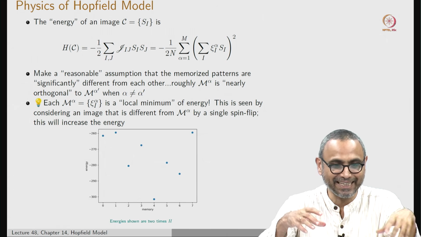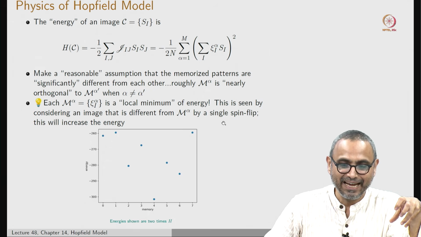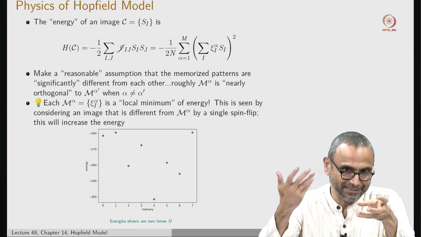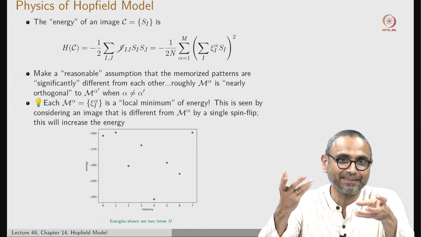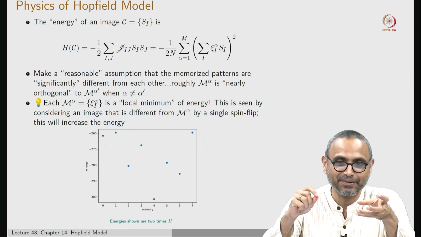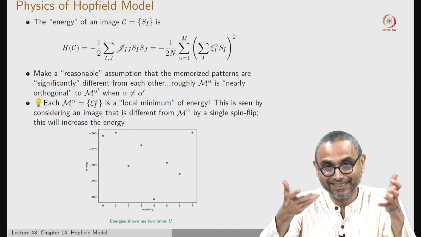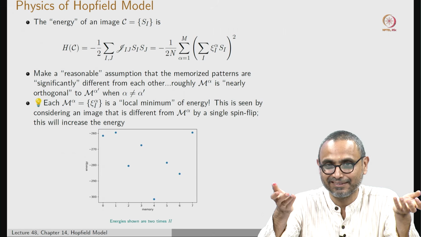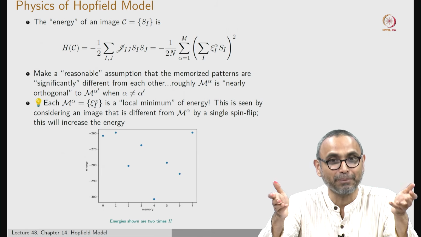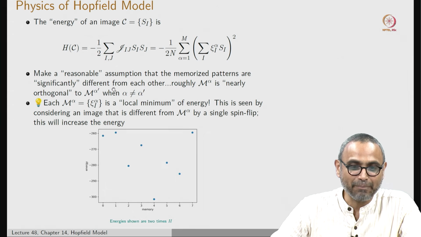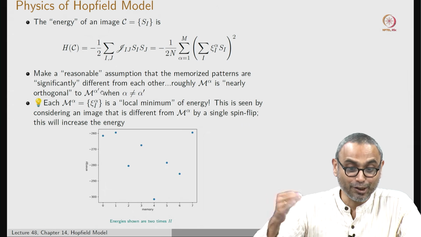That means that if I take the energy associated with this and simply change the pattern M alpha, the pattern associated with the mth memory pattern, if I flip one single spin, then you will see that the energy will increase. That means that it is a local minimum. So the remarkable thing is that this Hamiltonian has all these local minima.